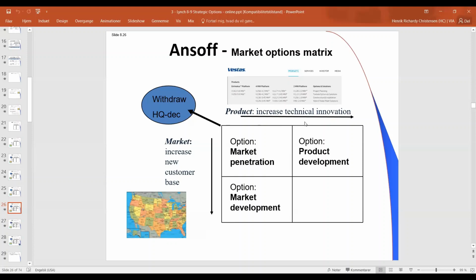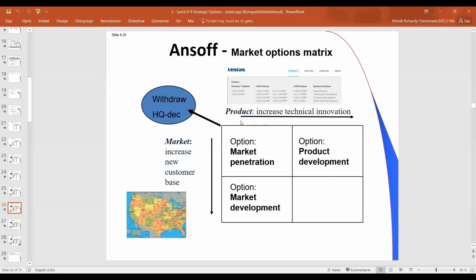If we look at Vestas, they have some of their smaller platforms, as they call it. They have small and big. It simply means that in the last many years, when they have developed their products, they have developed bigger and bigger wind turbines.